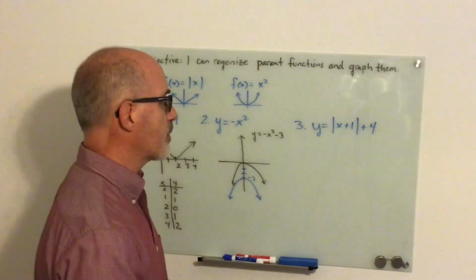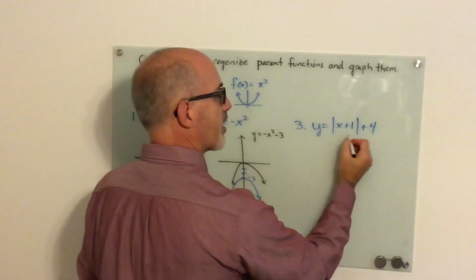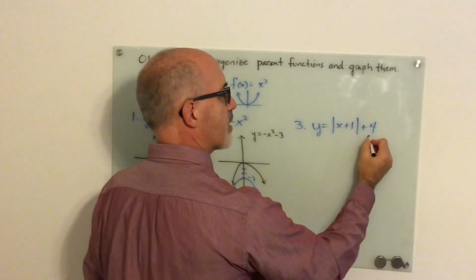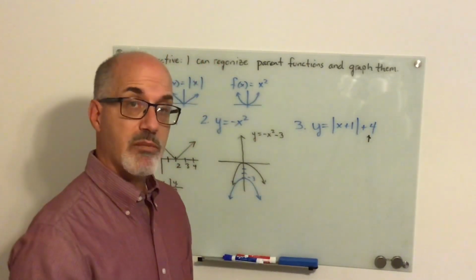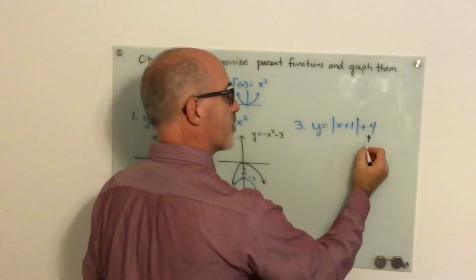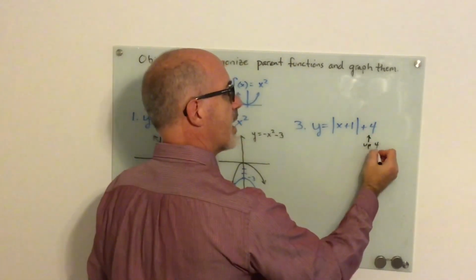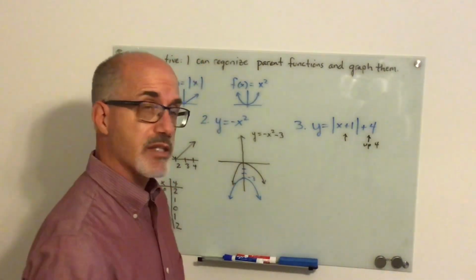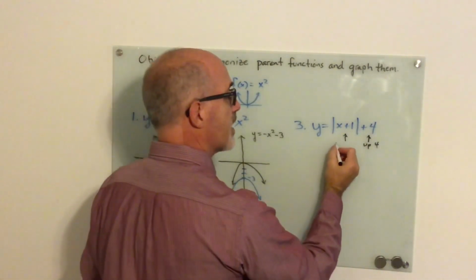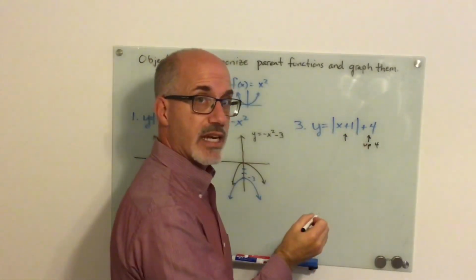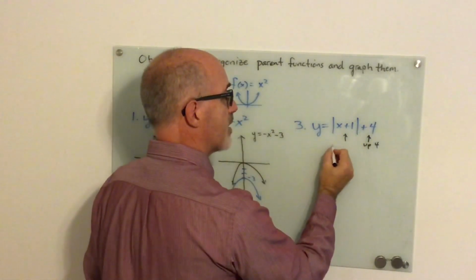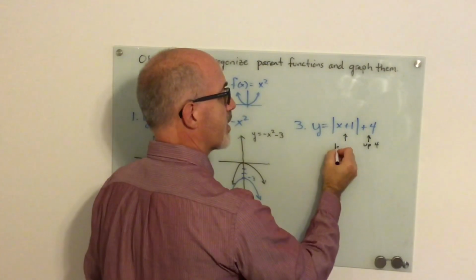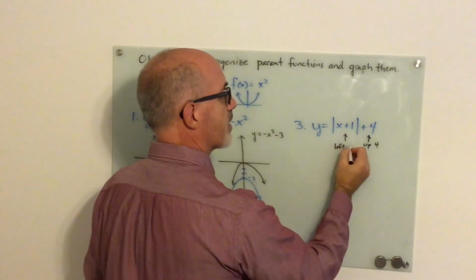And then this last one here, remember, let's just talk about how these things translate. The number on the outside moves it up or down, so this will say up 4, and the one on the inside moves it left or right, but the opposite of what we expect, so this moves it -1 units in the x direction, so that would be to the left 1 unit.